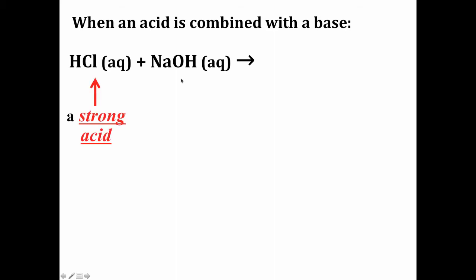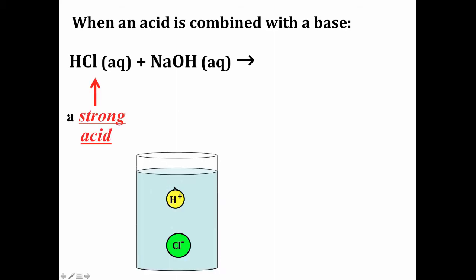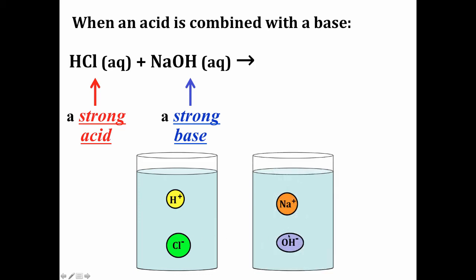Okay, now what happens when an acid is combined with a base? We'll take an example of a strong acid, HCl, with a strong base, NaOH, and notice that strong acids are H+ and some other ion, in this case Cl-. Strong bases are going to be OH- and some other ion, in this case Na+.